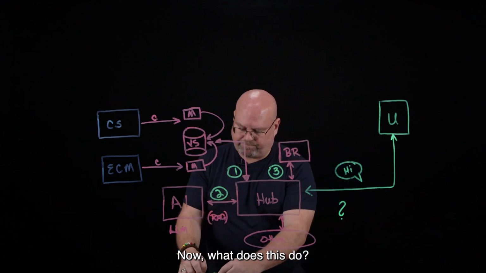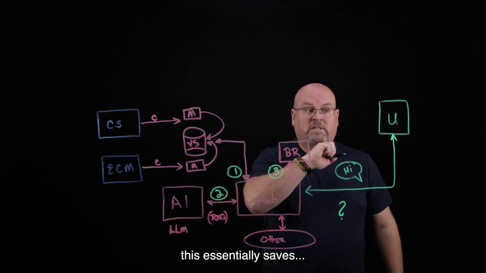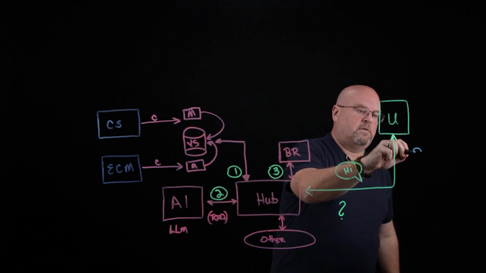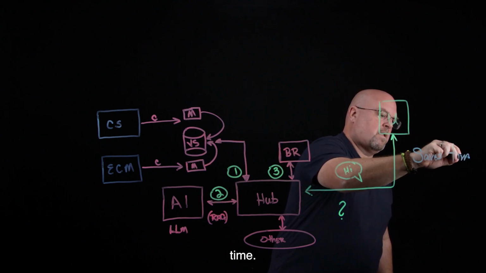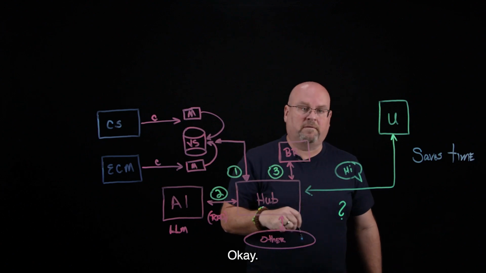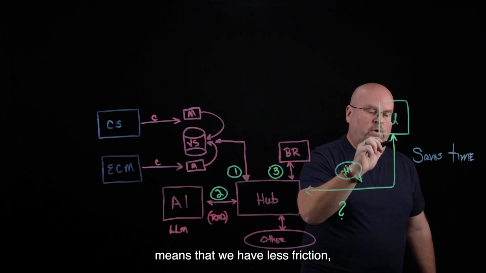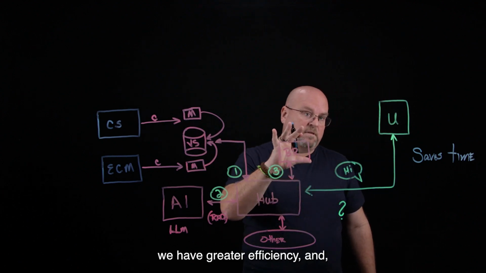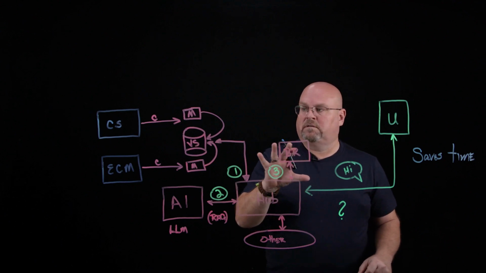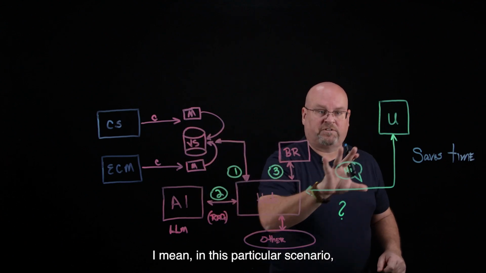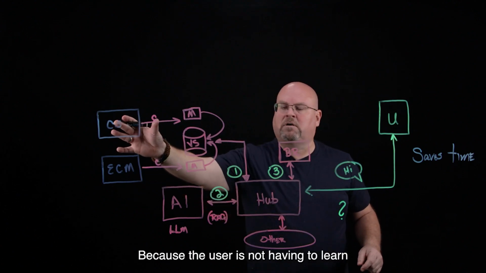Now, what does this do? As I mentioned before, this essentially saves time. Saving time means that we have less friction, we have greater efficiency, and in this particular scenario, it's more natural because the user is not having to learn or adapt.